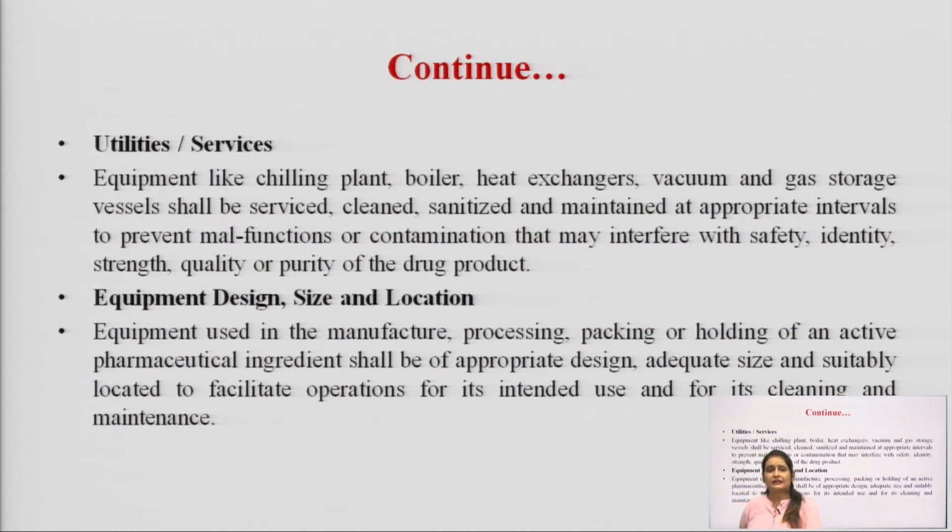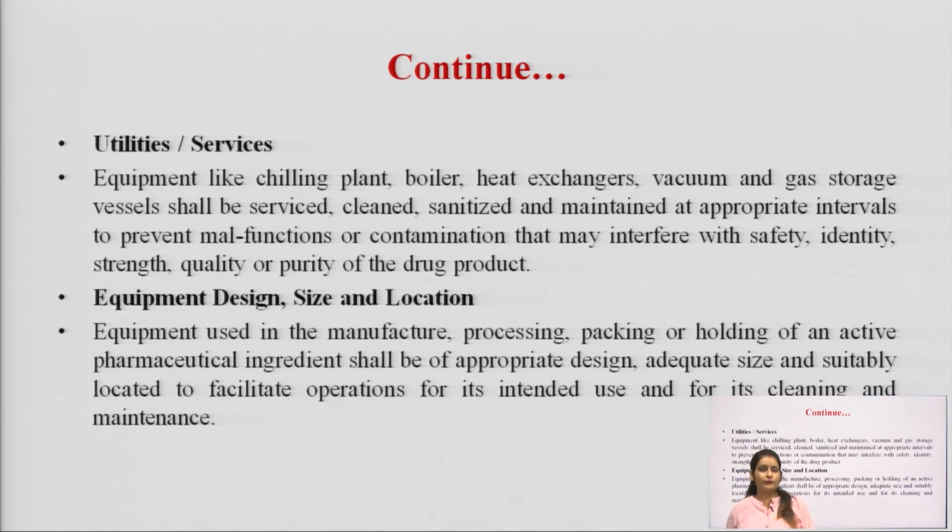Equipment design, size and location. Which kind of design is required for preparation of a bulk drug, and what should be the size and location, where the designed equipment should be laid out?